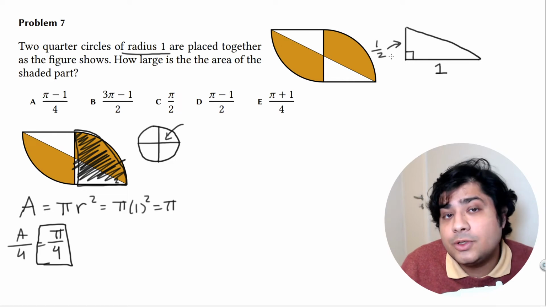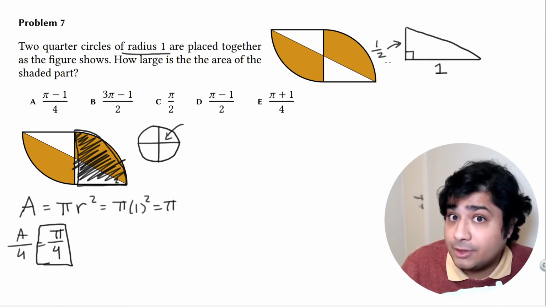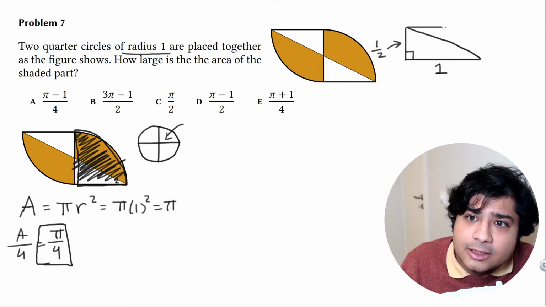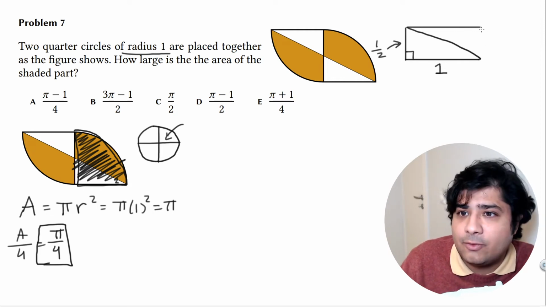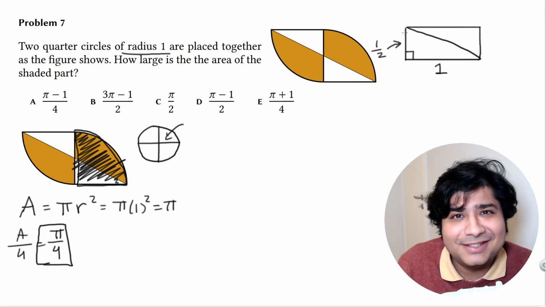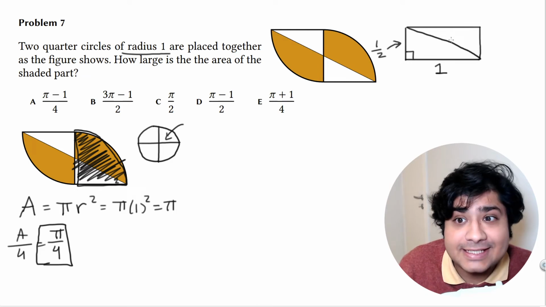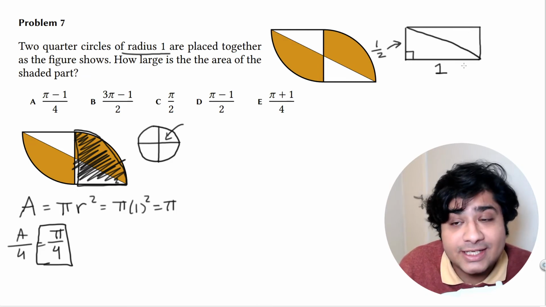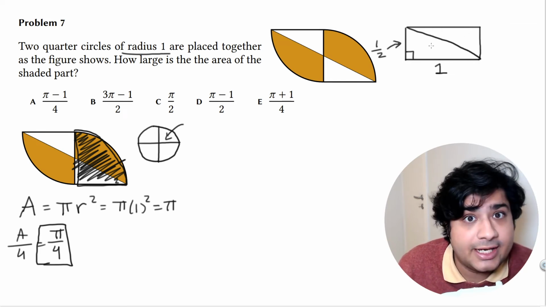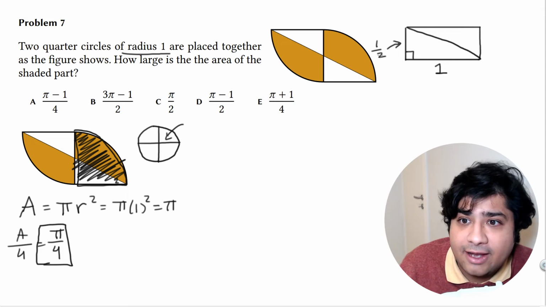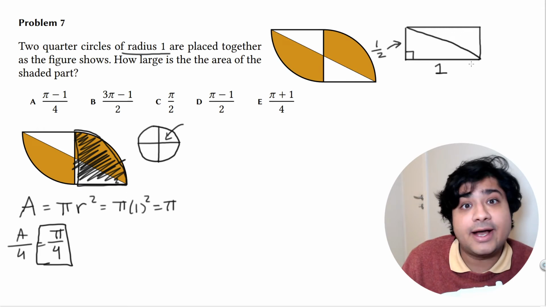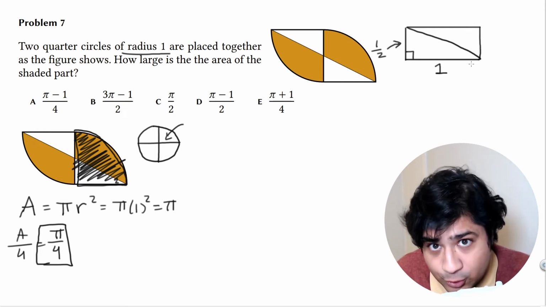If you don't remember the formula for that one, you can very easily figure it out by making a little rectangle around that triangle. And you'll see that this triangle here is exactly half the area of this rectangle. And how do you figure out the area of a rectangle? It will just be the two sides multiplied together. So in this case, half times 1. But the triangle is just half of that, so you just divide that number by 2.